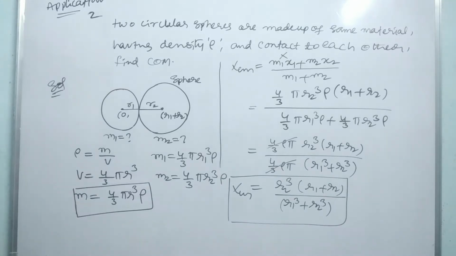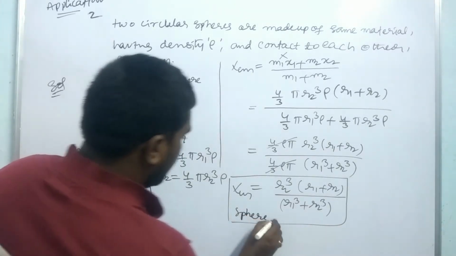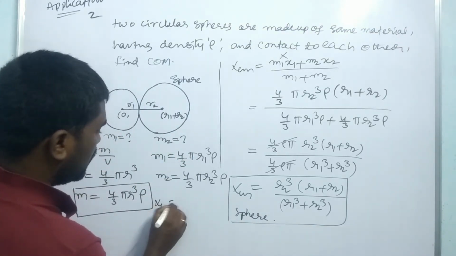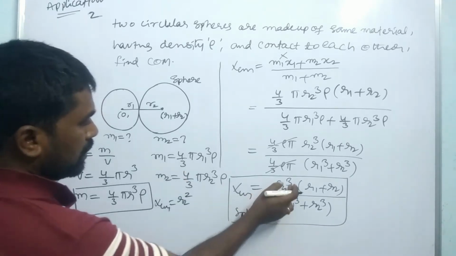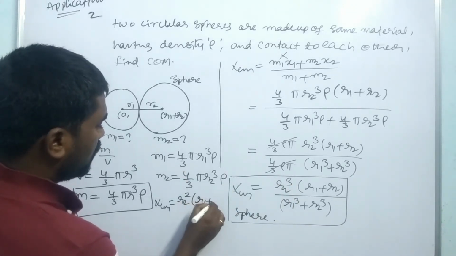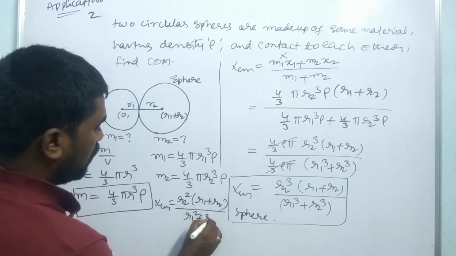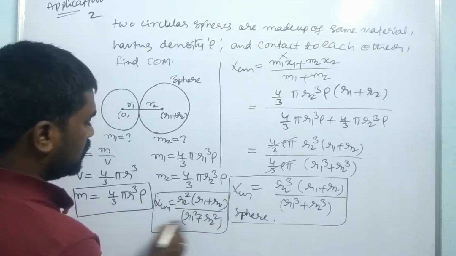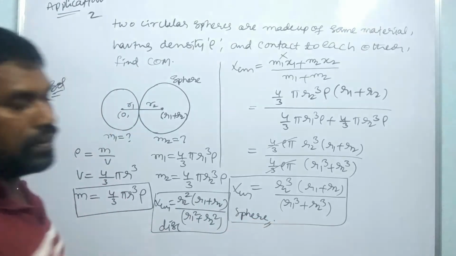So the main difference is that in case of the disc, in Xcm we are replacing the cube by r2 square only. Here there is cube, so r1 plus r2 and r1 square plus r2 square, simple. So this is for the disc and this is for the sphere.